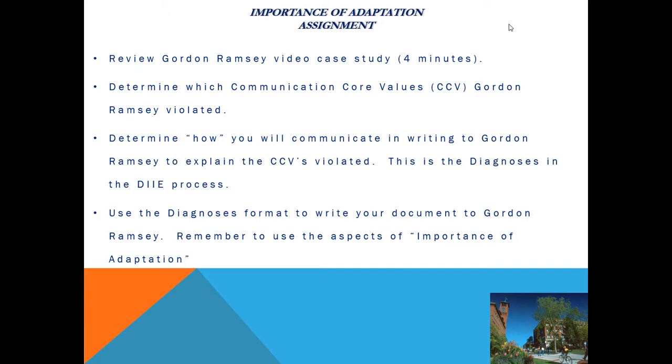What are the key points? The key points would be the communication core values that were violated by Gordon Ramsay. So now that you know the aspects of the importance of adaptation, you now can complete the diagnosis. Remember, only the diagnosis you're completing for this assignment. Let's take a look at the 4-minute case study.